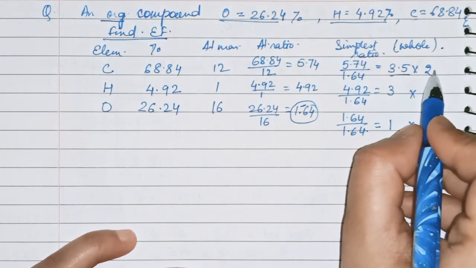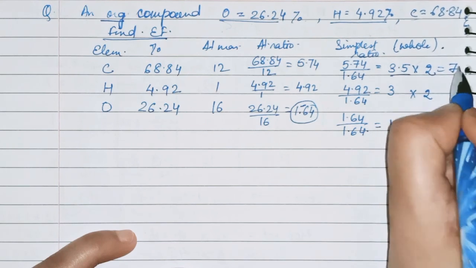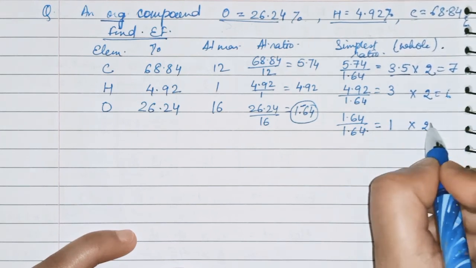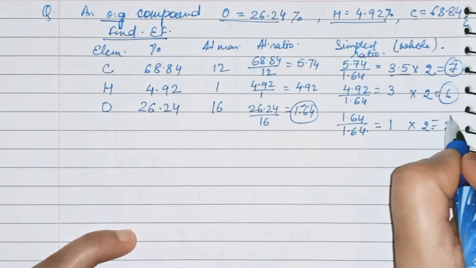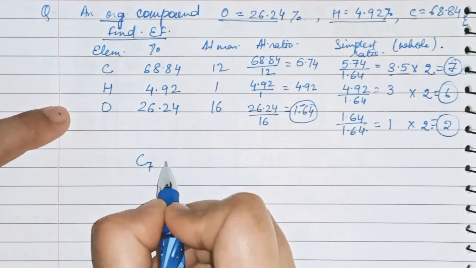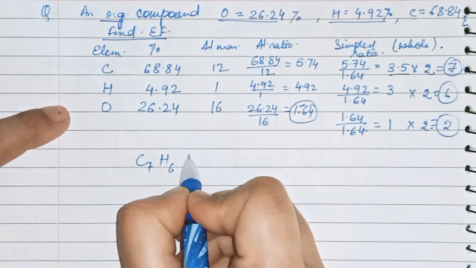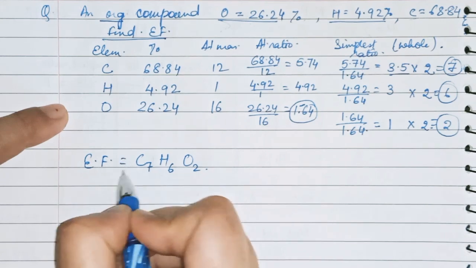So 3.5 into 2 will be 7. Here it will be 6 and here it will be 2. So 7, 6 and 2. Carbon is 7, hydrogen is 6 and oxygen is 2. This one is your empirical formula.